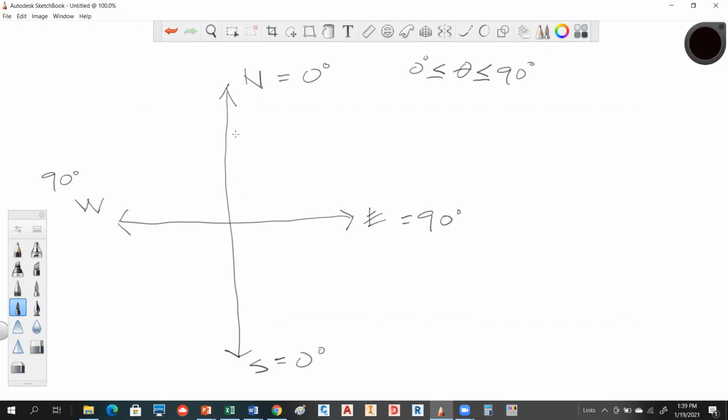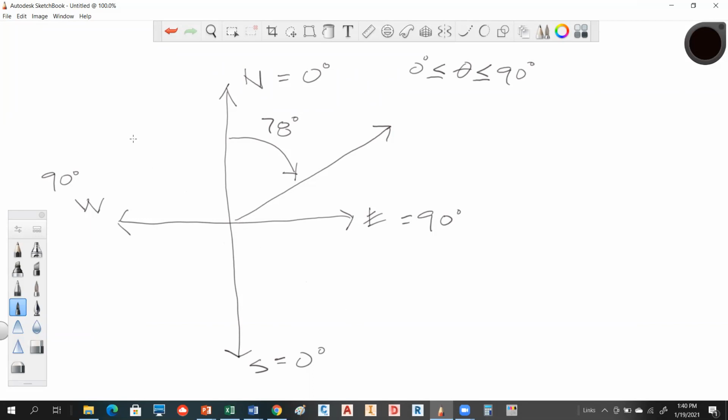Now, it can turn either clockwise or counterclockwise. So if I have a line right here, what I'm doing is I'm measuring this angle like this. Let's say that's 78 degrees, okay? The problem with just saying 78 degrees is that 78 degrees can occur here, it can occur here, here, or here.